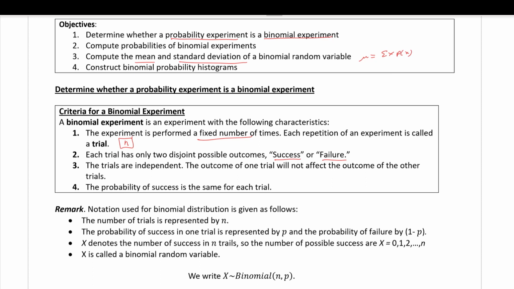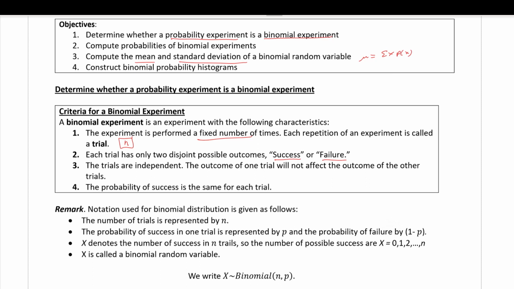So we're rolling a die 4 times, correct? In our case, that would be n equals 4. All right. A fixed number of times. And in our case, were there two disjoint possible outcomes, success or failure? Yeah, we can successfully get a 3 or not a 3, right? We forced it to be two outcomes here.